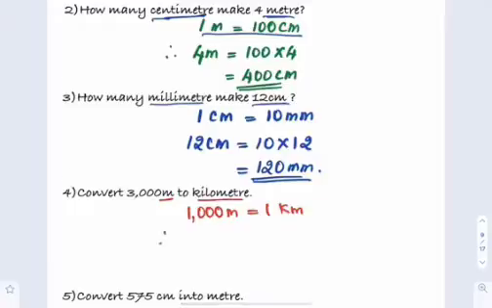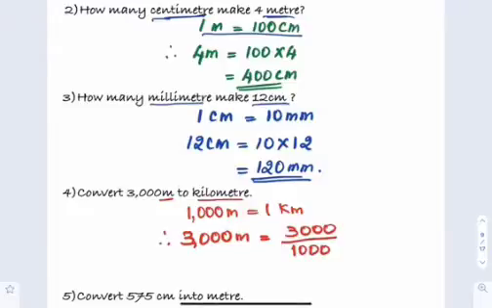Now therefore, 3000 meters is equal to 3000 divided by 1000, which will give you 3 zeros, and 3 zeros get cancelled, and I get an answer 3. So what is this 3? It is in kilometers, correct?